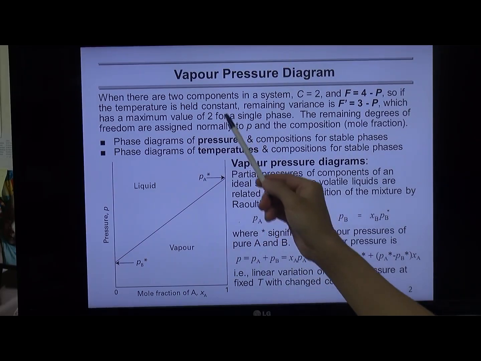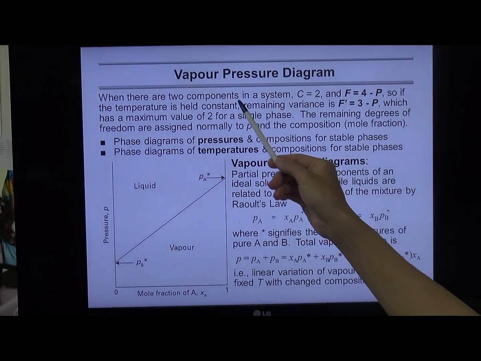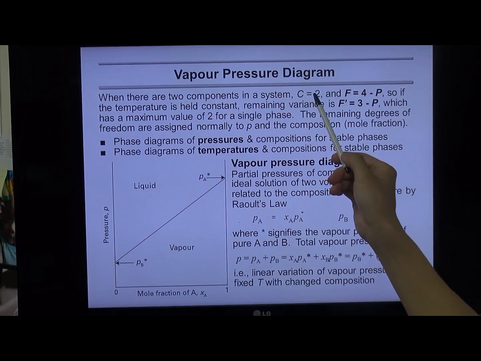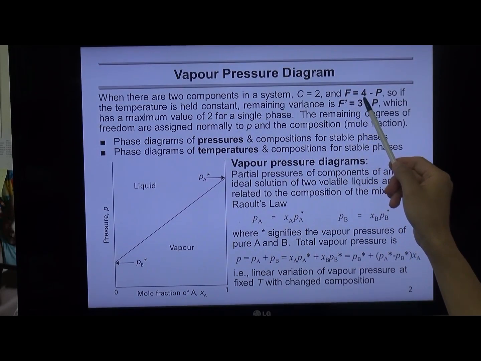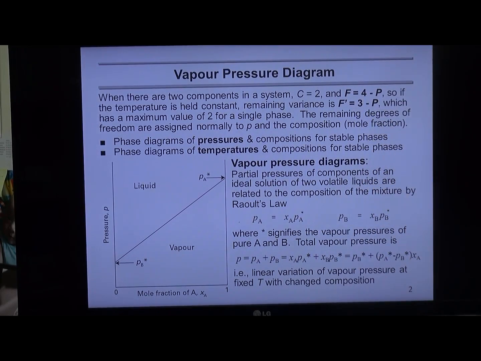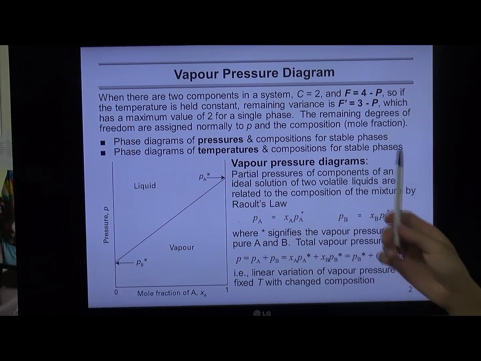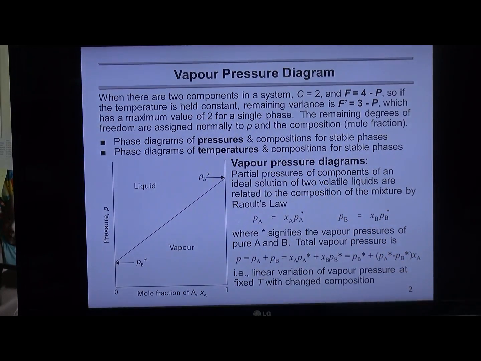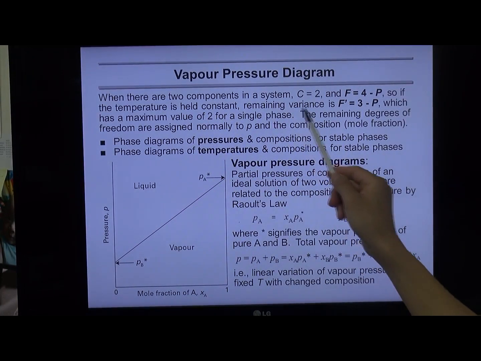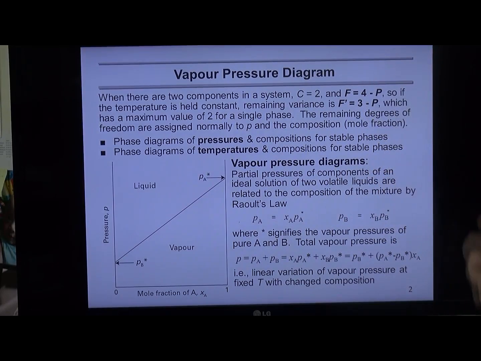Now, let's consider two-component system. There are two components. So C is 2. Then variance F is equal to 4 minus P. Then, if we fix the temperature, if the temperature is held constant, then the remaining variance F prime is 3 minus P, right?